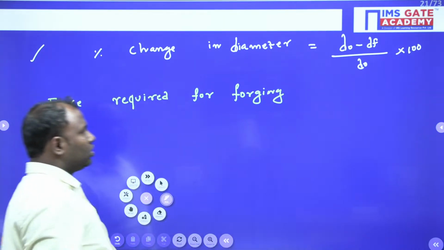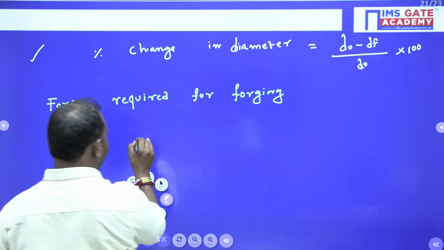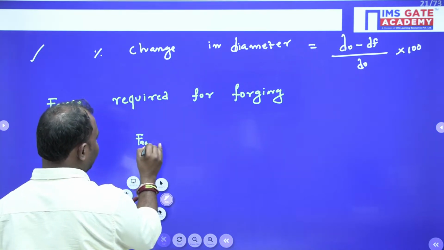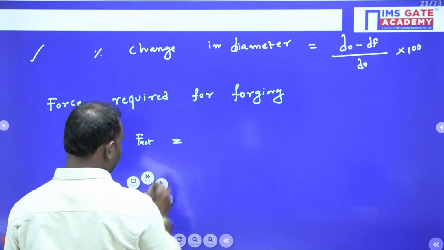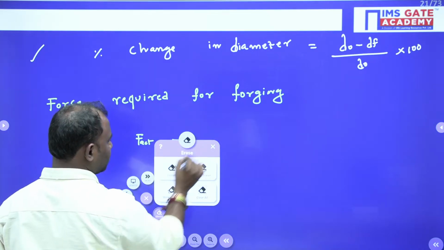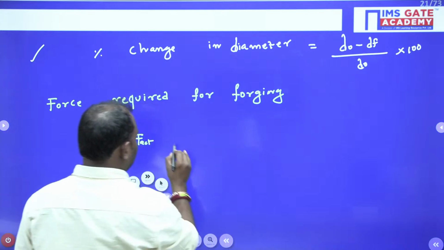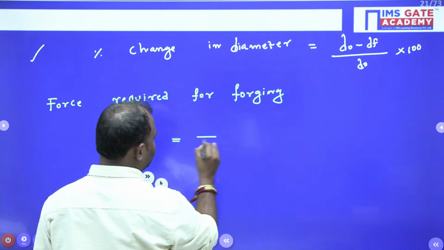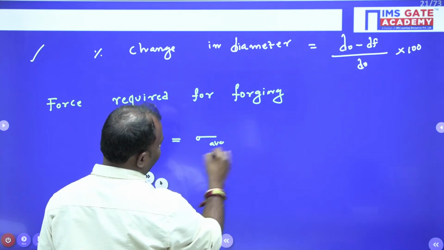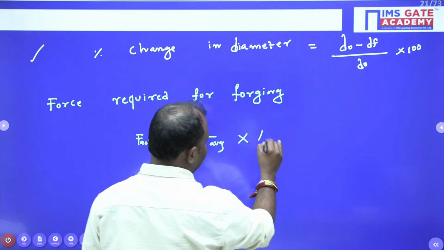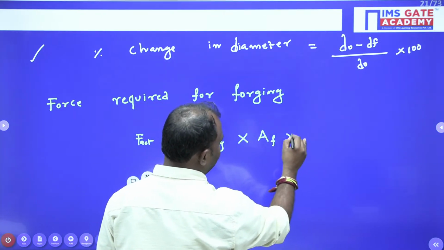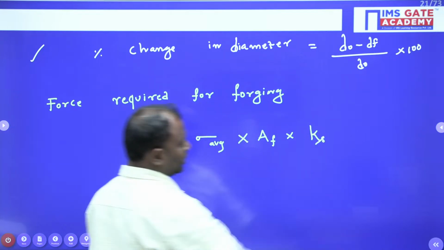Okay, now so that we can call it as F actual. F actual is equal to sigma average into A initial into Ks.